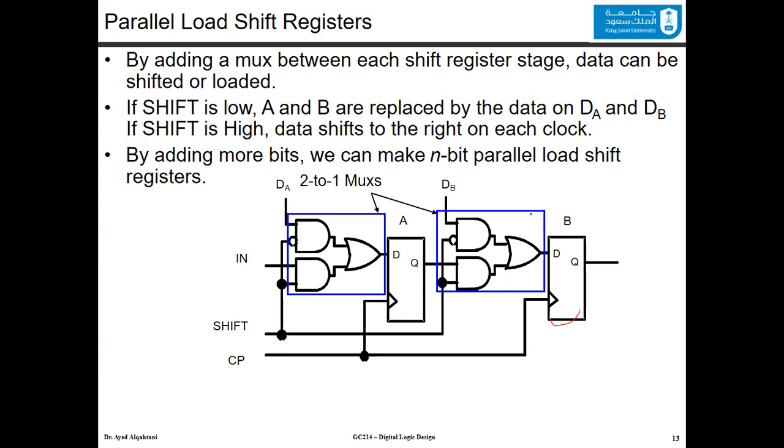Now, instead of a line, we have a 2-to-1 multiplexer here. And similarly, we have a 2-to-1 multiplexer here. Your control is called shift. If the shift is equal to 1, this means that this input would be 1.